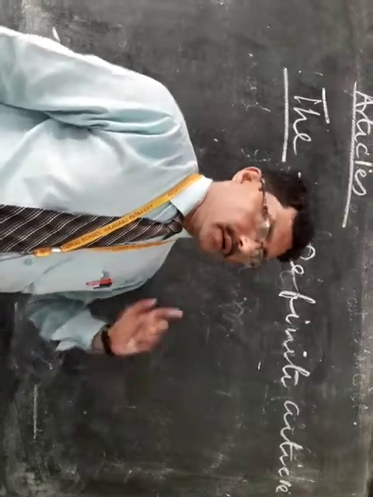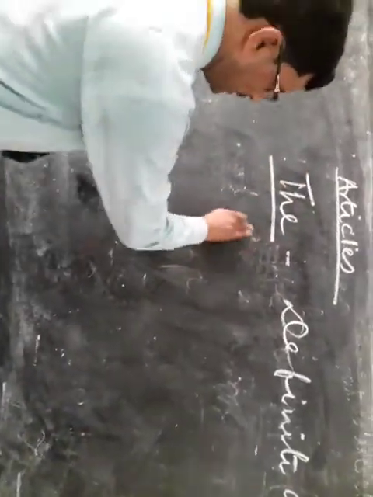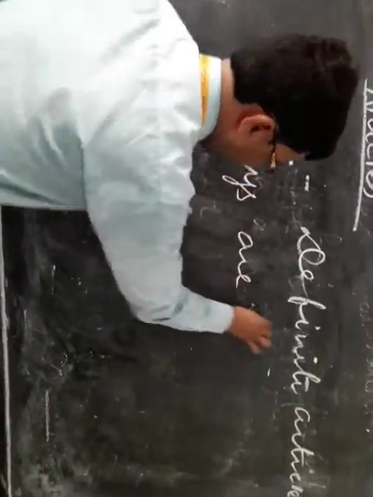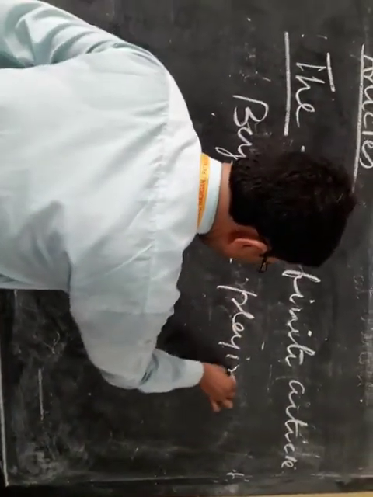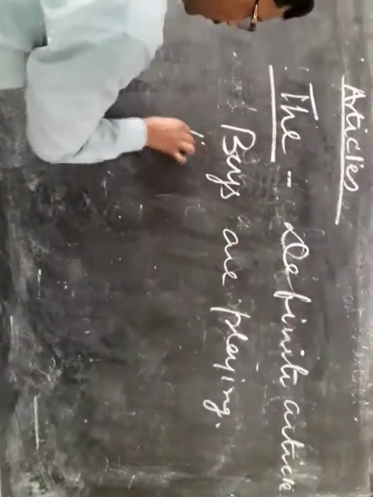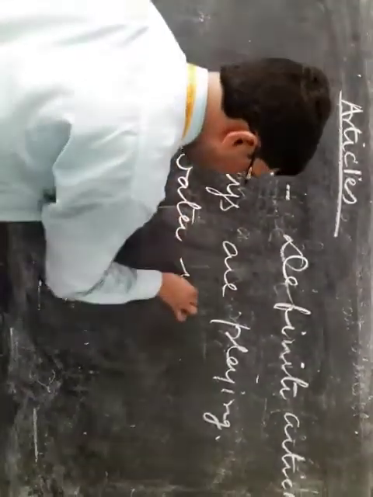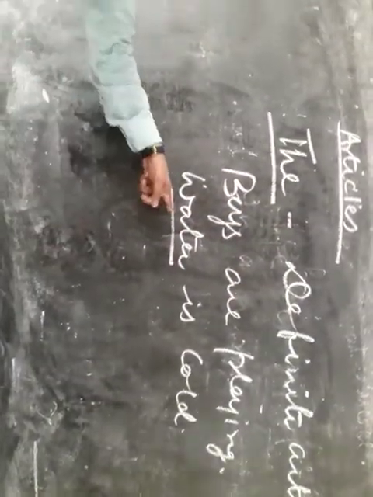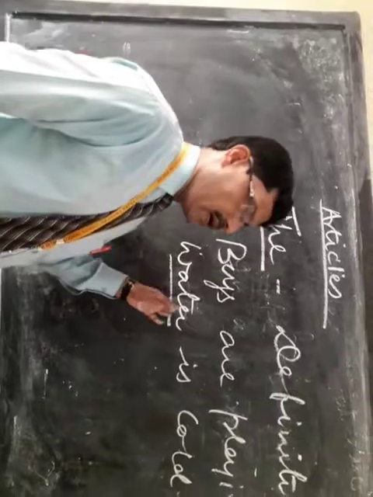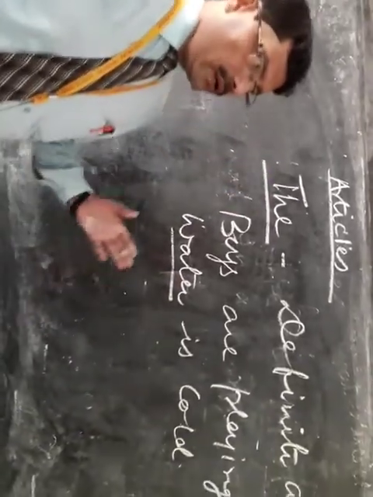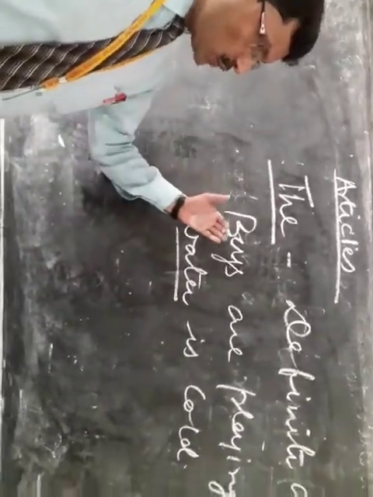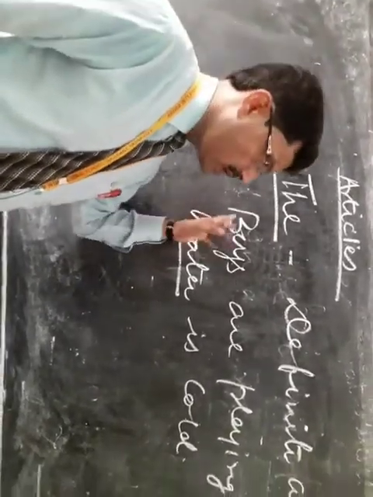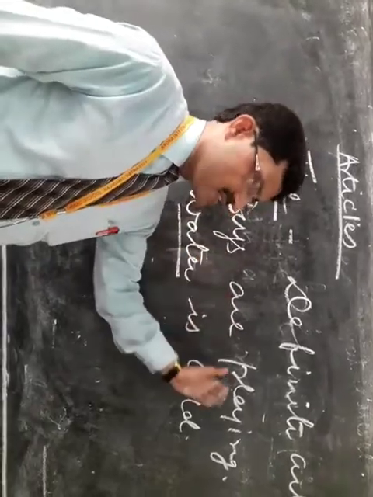Suppose I say, boys are playing, water is cold. You see, water is an uncountable noun, and boys is a plural countable noun. But they are in general sense.